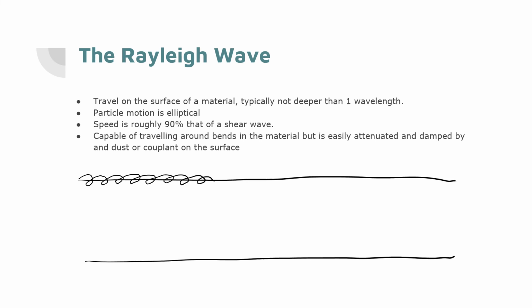Now, it's slightly slower than a shear wave, about 90% of the shear wave speed. And the cool thing about these waves is they can actually travel around bends. Maybe not sharp corners, so like that, no. But like this, yes. And they have a depth of less than one wavelength.